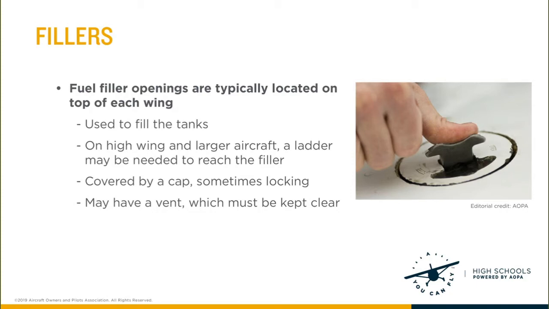If there's a vent, then you want to keep that clear so that the air pressure inside the tank is proper and good. Sometimes the fuel can expand and you get some pressure inside the fuel tank, so you want to make sure there are vents that allow the fuel tank to be at the optimal setting.